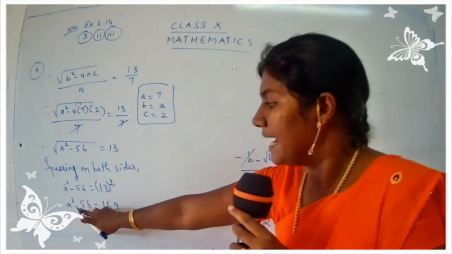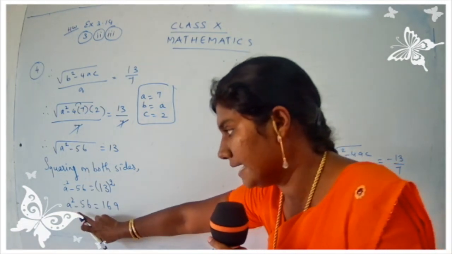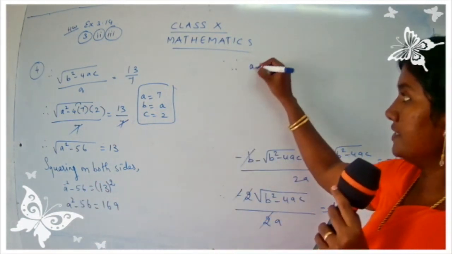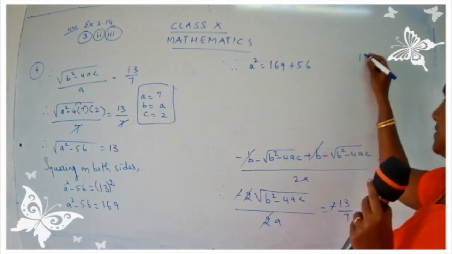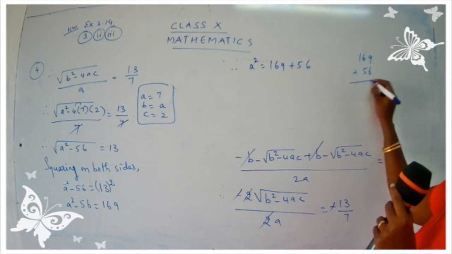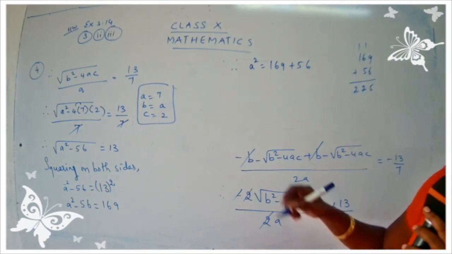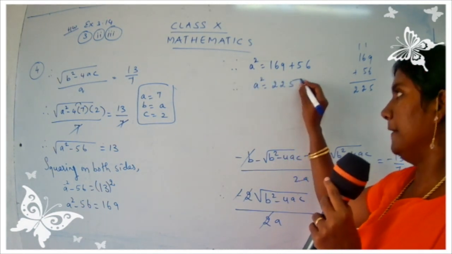Therefore, the minus 56 I'll change over here. That is, I'm going to bring minus 56 from LHS to the RHS. So 8 square is equal to 169 plus 56. That is 225. So 8 square is equal to 225.